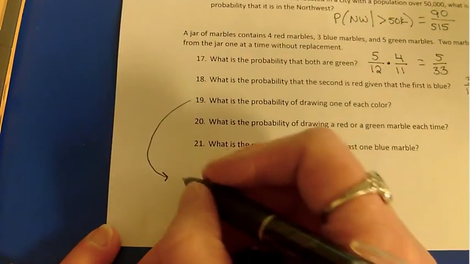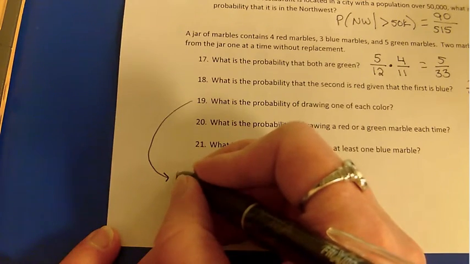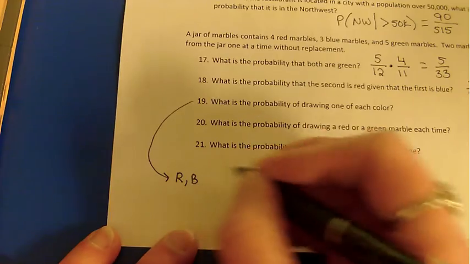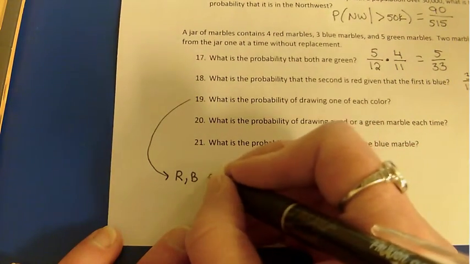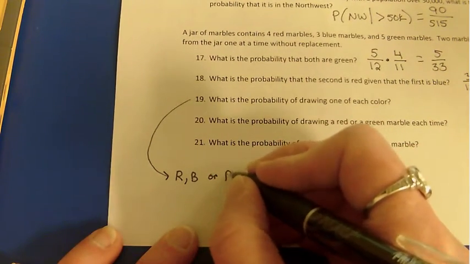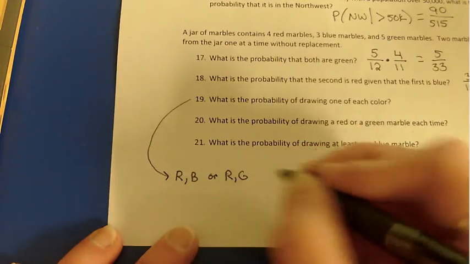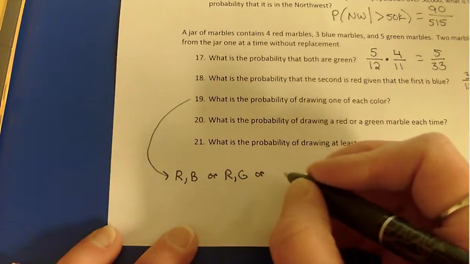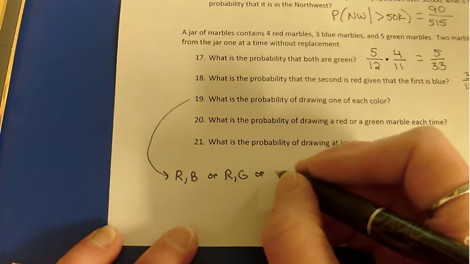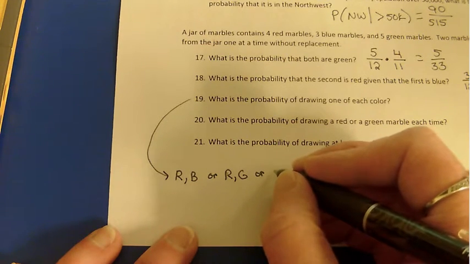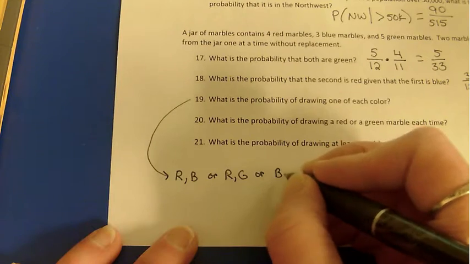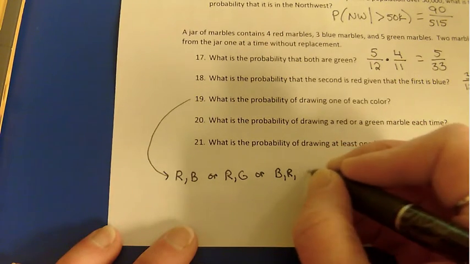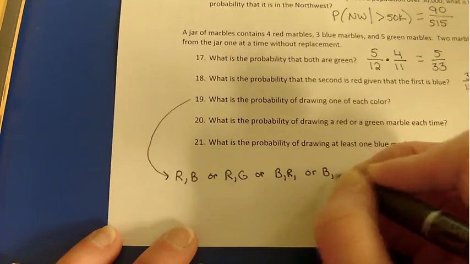So one option would be to have a red and then a blue, or a red and then a green, or I could have a blue first, then a red, or a blue, then a green.